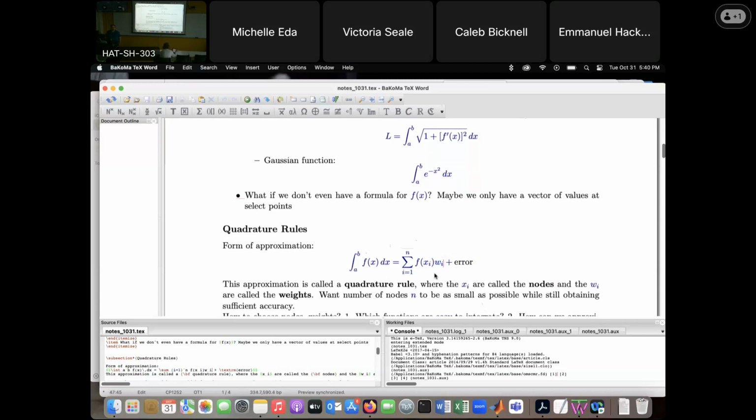When dealing with approximate intervals. Riemann sum? Yes. A Riemann sum actually is a form of quadrature rule. It's not a very accurate one, as we'll see.